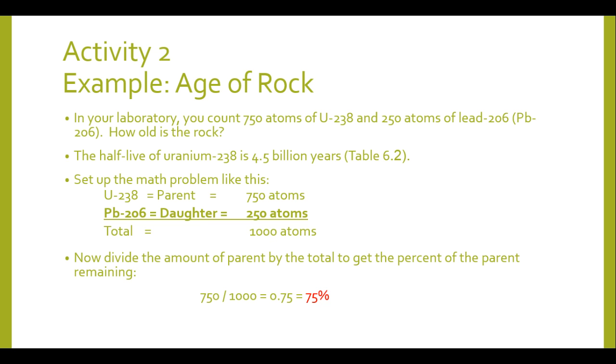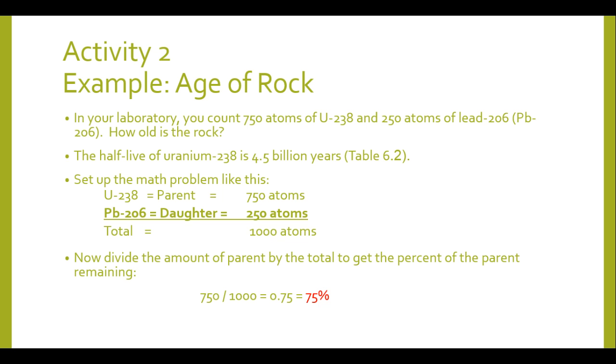Well, the first thing you're going to do is look over at Table 6.2 in your lab manual on page 45. You're going to determine which of these items is the parent and which one is the daughter. If you look at the table, uranium-238 shows under the parent isotope column.